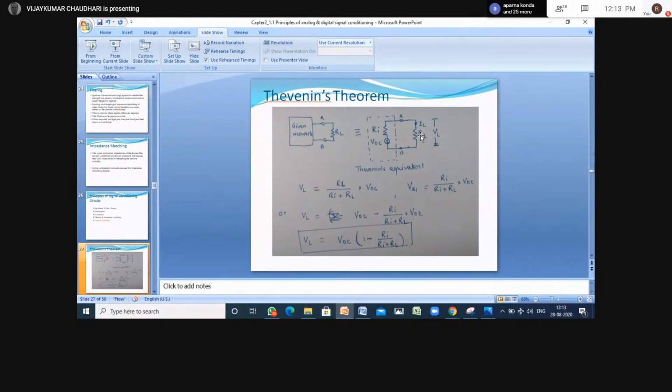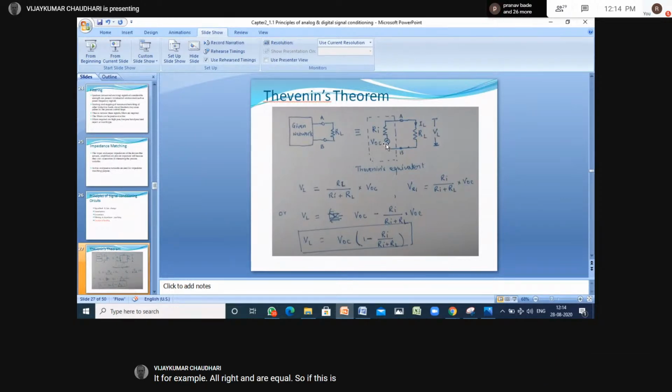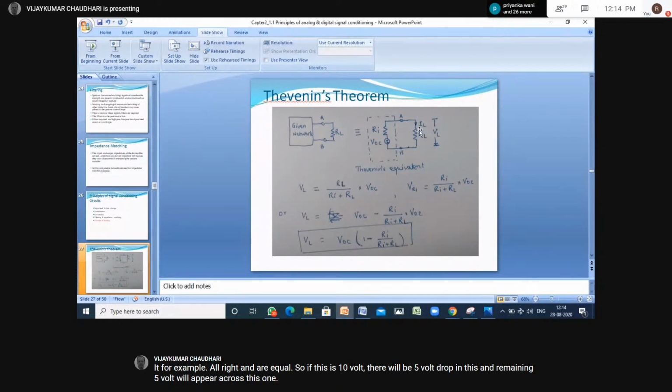But if RL and RI are comparable, say RI is equal to RL, and the source is 10 volt, there will be a 5 volt drop across RI, and the remaining 5 volt will appear across RL. So out of the 10 volt source voltage, we are getting only 5 volt as VL. That is the importance of RI and RL. To avoid this, RL should be made far greater than RI. That's the method.